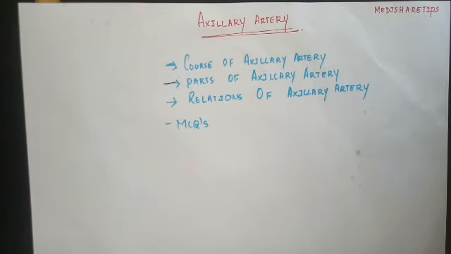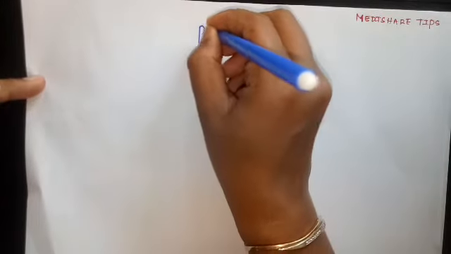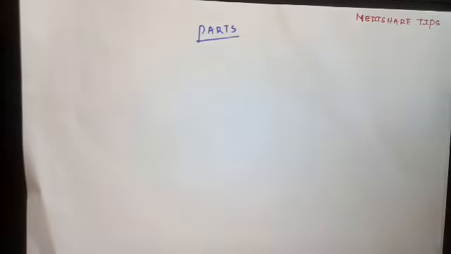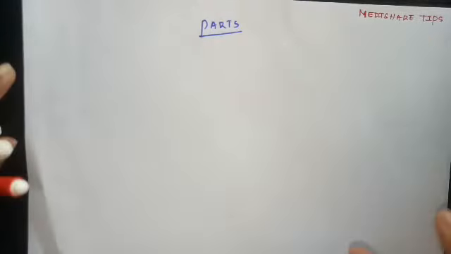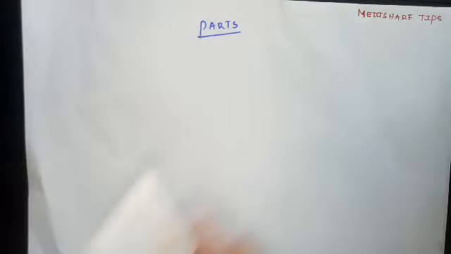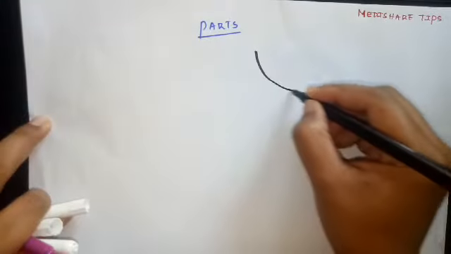So now we will discuss about parts of axillary artery. This is the first rib.